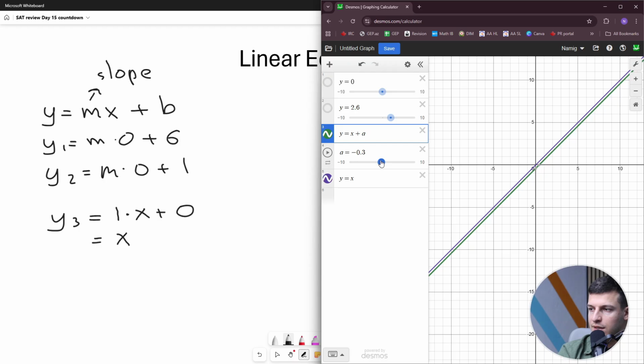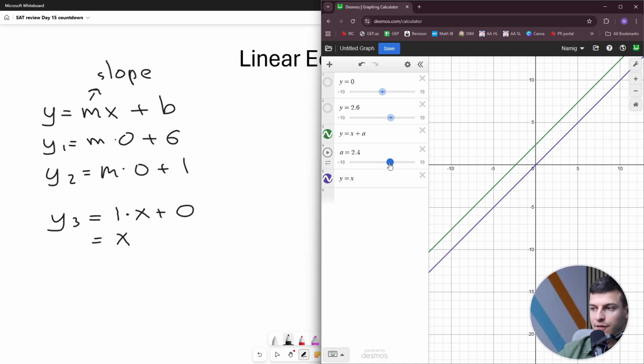So we can see that by sliding it positive, negative, we can change the location of this graph, which is y equal to x plus a. Okay, good. So we have a positive slope, which is 1, and we have a positive intercept right now, y-intercept to be more specific. Okay, that's fine. Now let's take a look.